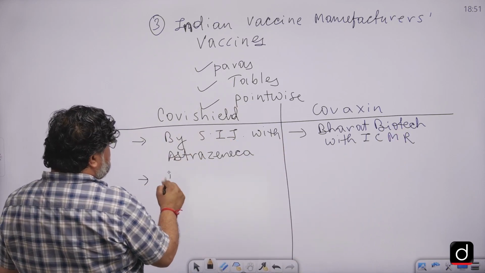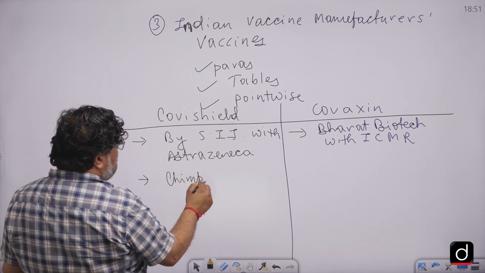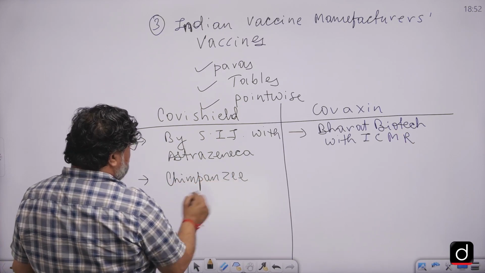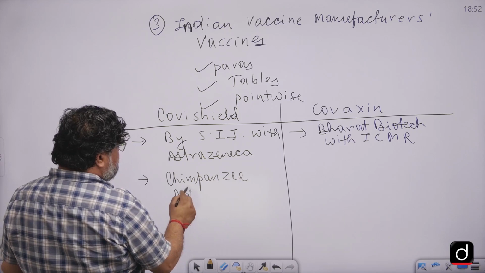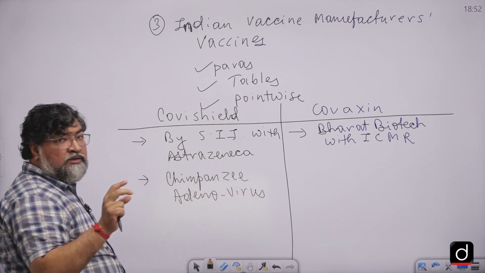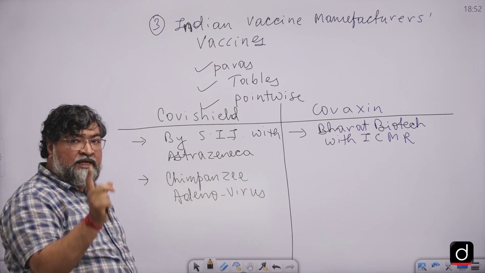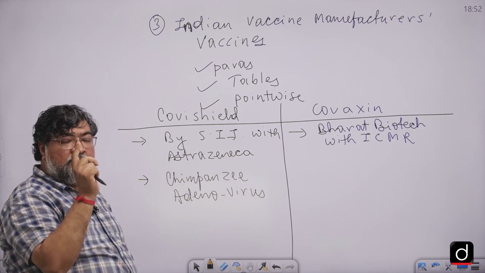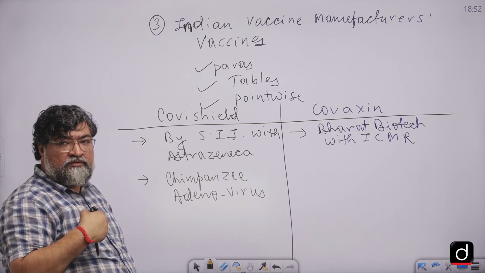It used the chimpanzee adenovirus. This virus is not the real COVID-19 virus; it is an adenovirus which infects chimpanzees, not humans.